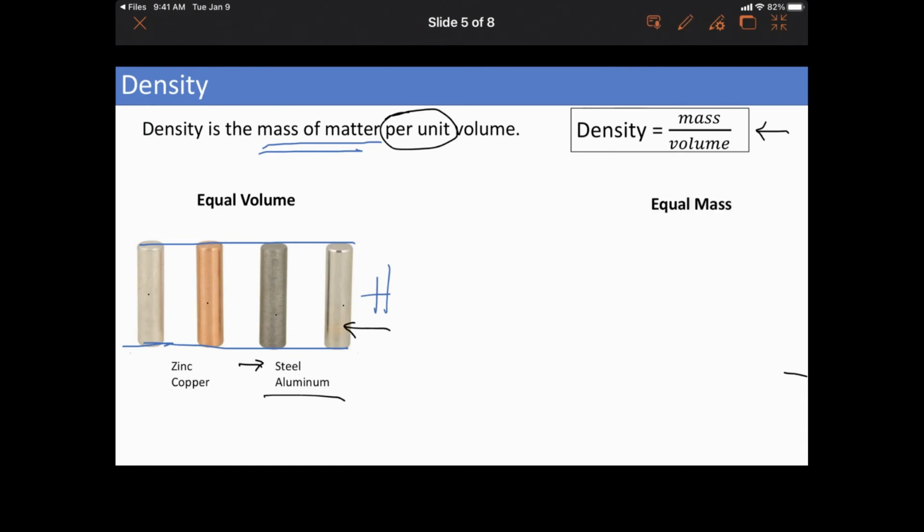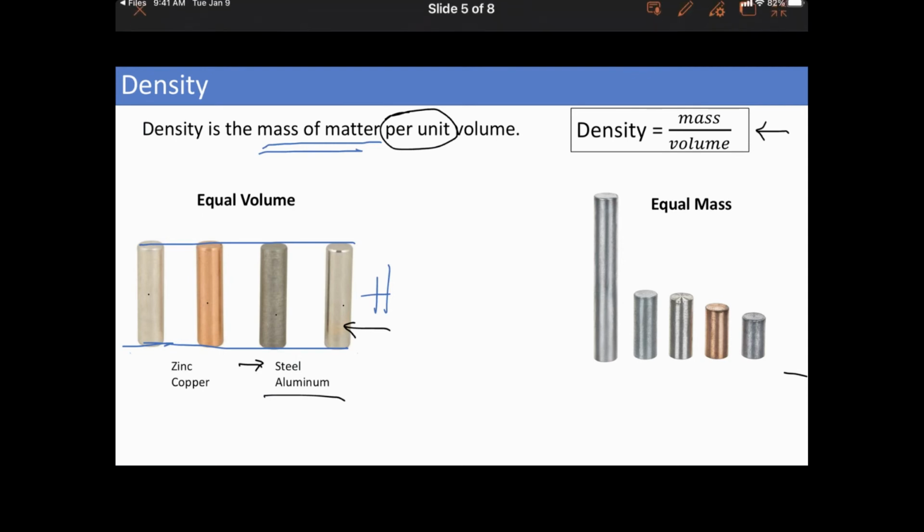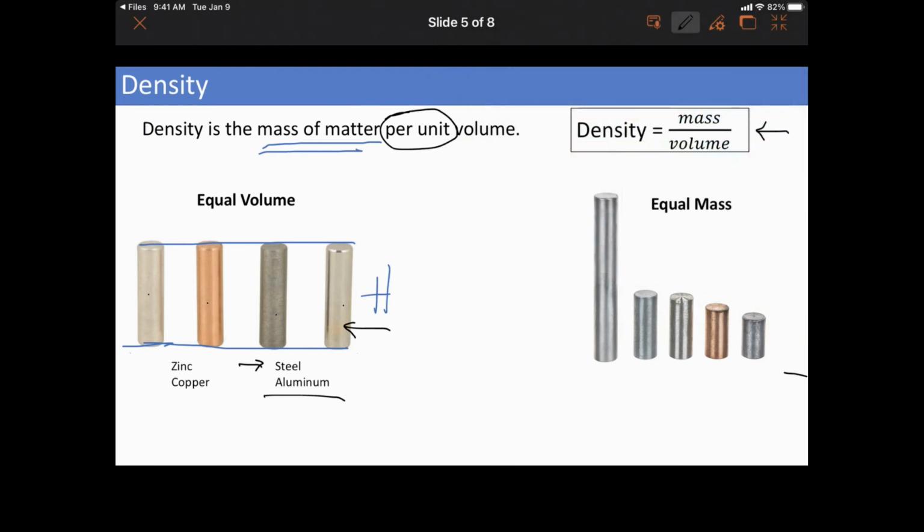So let's look at it the other way. What if things had equal mass? That means their weights are the same. Now we can see their density, and density is consistent. Your density never changes. This is why they said mass of the matter per unit. So you take whatever the weight is divided by the volume, and you'll get this number. This number is constant for whatever material.